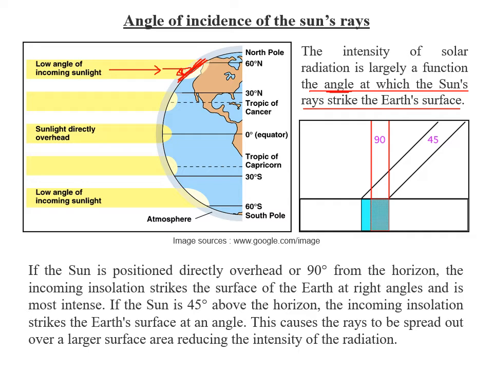Now you can clearly see from this picture that the angle of incidence, which is also called the altitude of the sun, varies largely with respect to latitude.